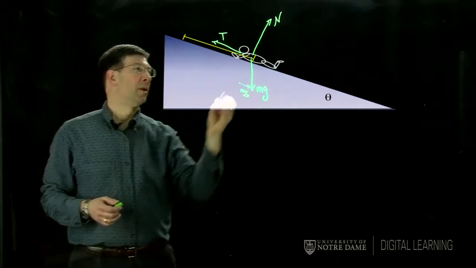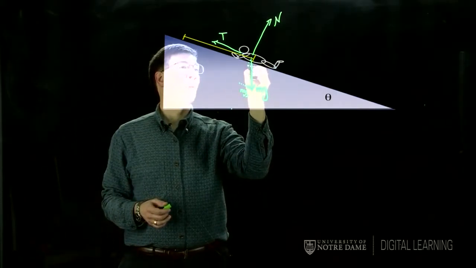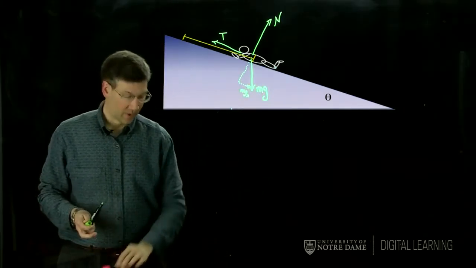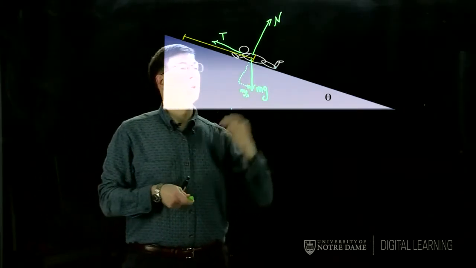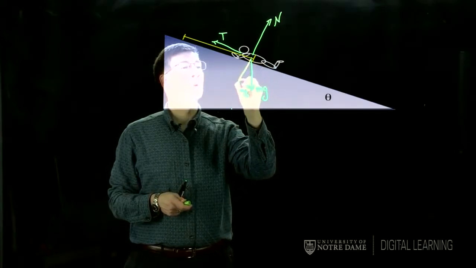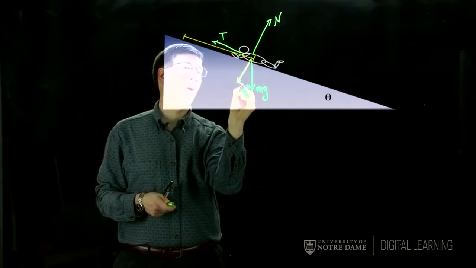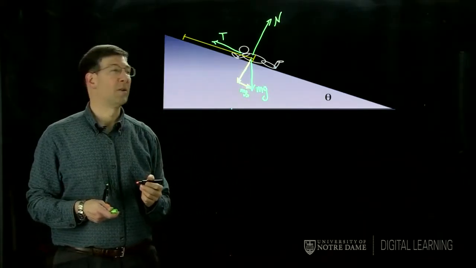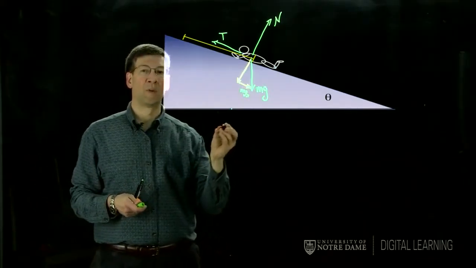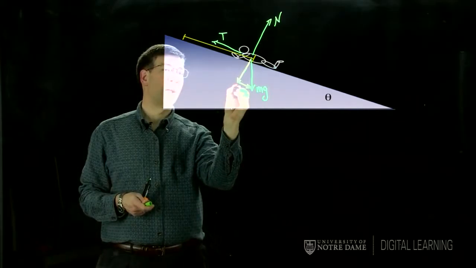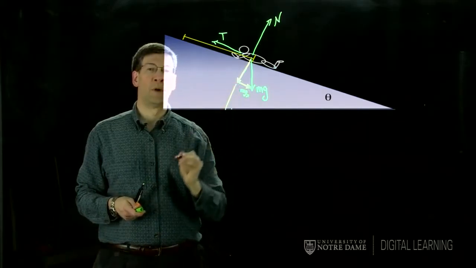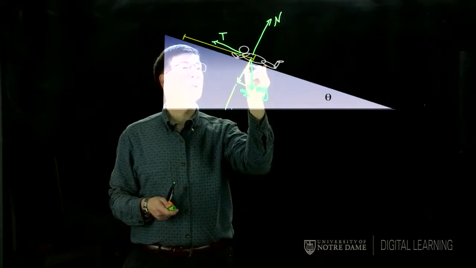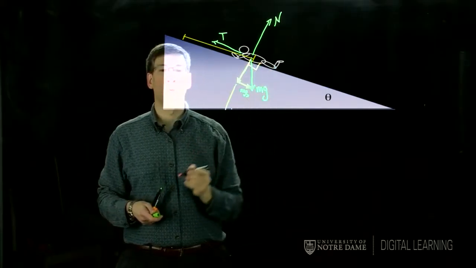And so in order to solve this problem, we're going to want to break the weight into 2 separate components, one of which is perpendicular to the surface and one of which is parallel to the surface. And in order to do that, we have to figure out the trigonometry at this point. And so if I extend this line down here to the bottom of the slope here, you can see that this is a right angle.